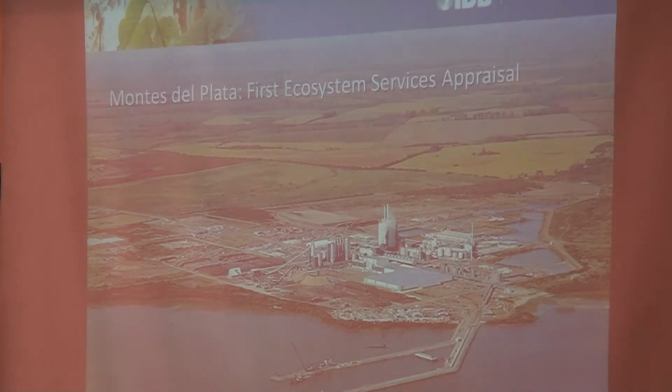What our appraisal is doing is helping Montes del Plata look at different options for this productive integration program. And particularly what we're trying to do is get them to consider silvopastoral models of production. So probably all of you are familiar, but the idea here would be that eucalyptus is planted at low density on land that was formerly used for cattle ranching, but it's planted at a density so that cattle production can continue on the land.